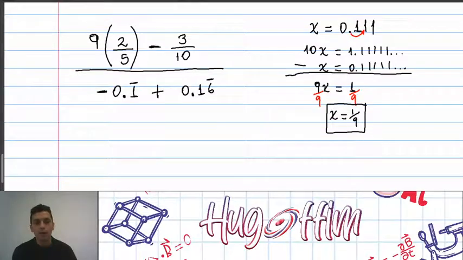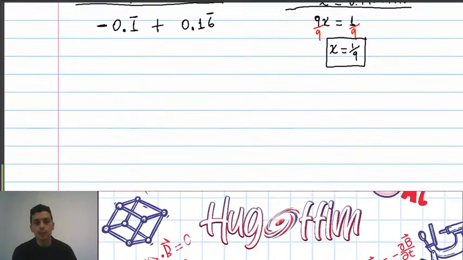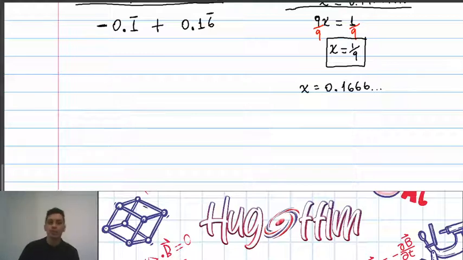Okay, and now I'm going to do the other, that is 0.16 periodic, so 0.1666, that will be x. And look at that, my period starts in the hundredths place, so I'm going to multiply by 10 to have all my period with 6, and I'm also going to multiply by 100 to have the repeating period.